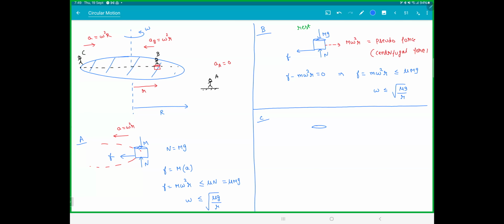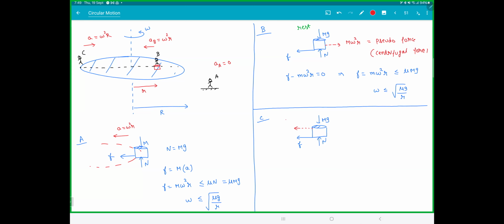See, we will never solve the problem in the seeker frame, but conceptually, if you try to see what happens, mg, normal reaction, there is a friction. Now see what happens. Now C will say, since I'm standing on a rotating frame, there is a pseudo force. The pseudo force is mass of the body into my acceleration in the opposite direction, which is this way. Isn't it?